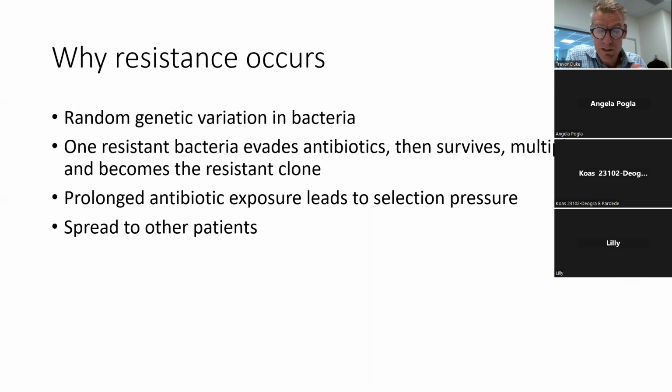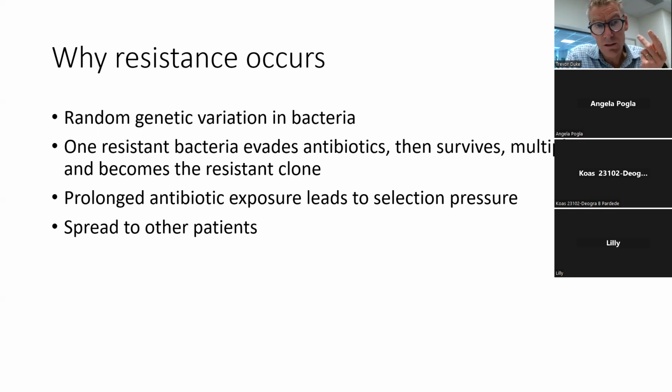And in any population of bacteria, in any infection, there will be a large number of bacteria that are susceptible to the standard antibiotic. And there may be a few bacteria within that population that have some resistance genes just because of random genetic variation in duplication.